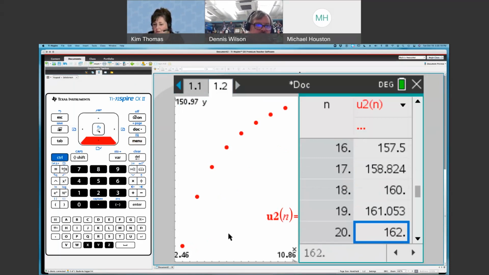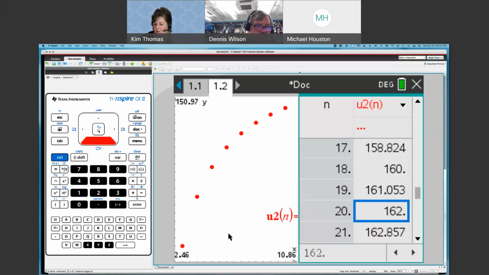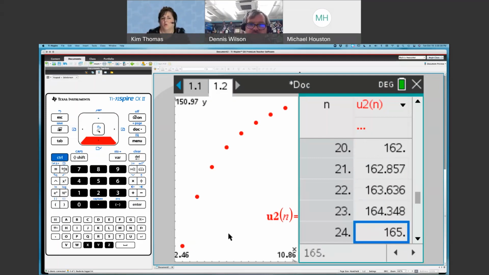So I can look at, oh wow, for a 20-gon, it's going to be 162 each. And then we can talk about what happens as we get infinitely many more sides. And that conversation is much more accessible by having the calculator do all of this talking. And yeah, looking for that horizontal asymptote.